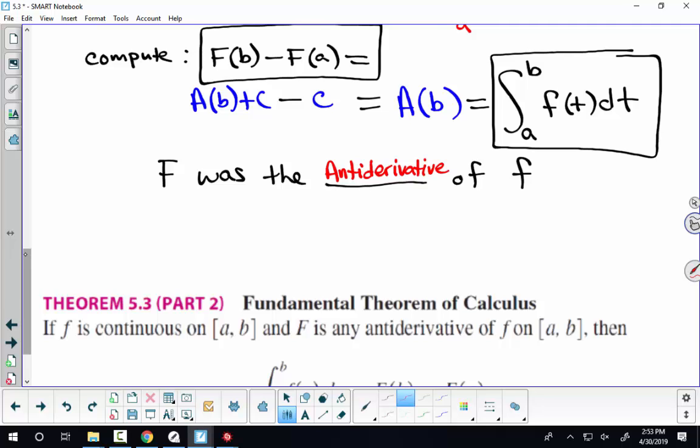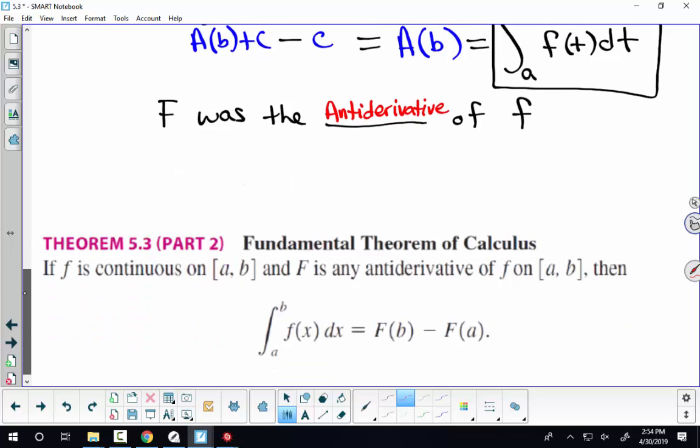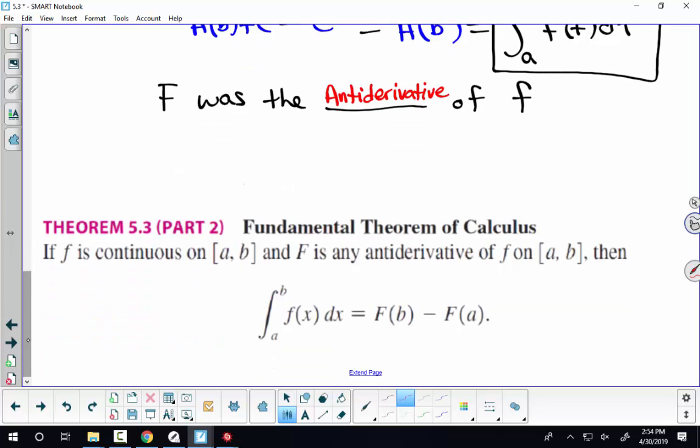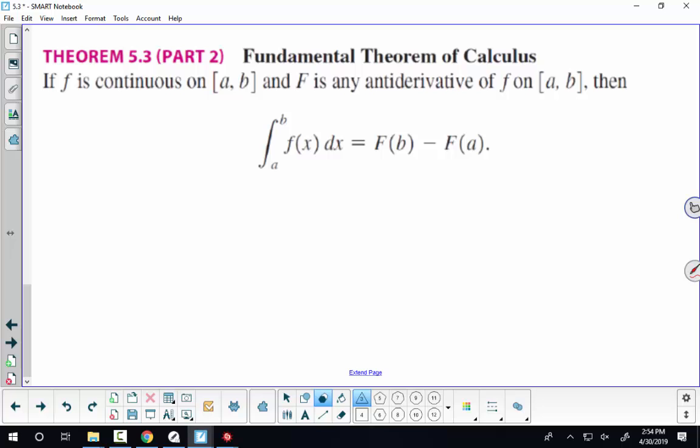What we boxed in there was the fundamental theorem of calculus, part 2. Part 2 gives us a shortcut way to compute this definite integral from a to b. You don't really have to remember that. I just wanted to justify this a little bit.